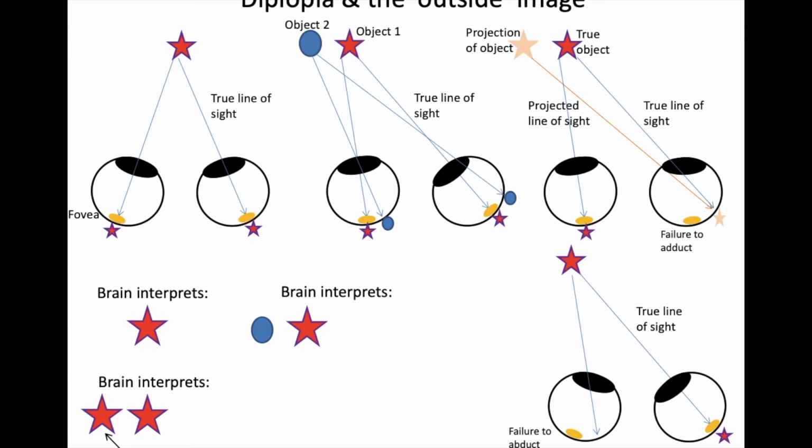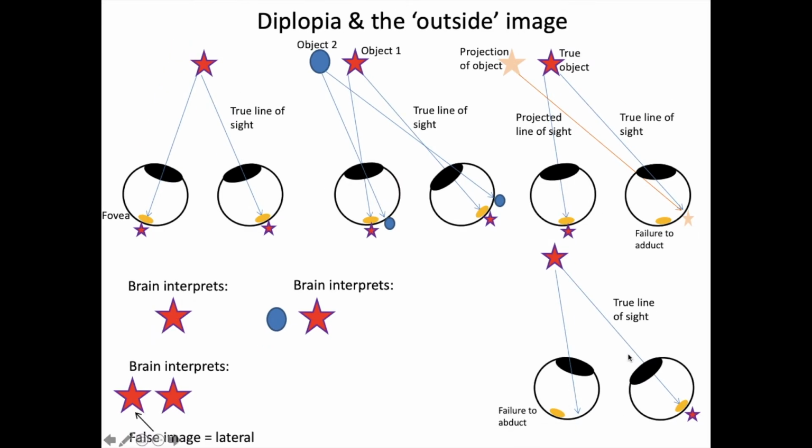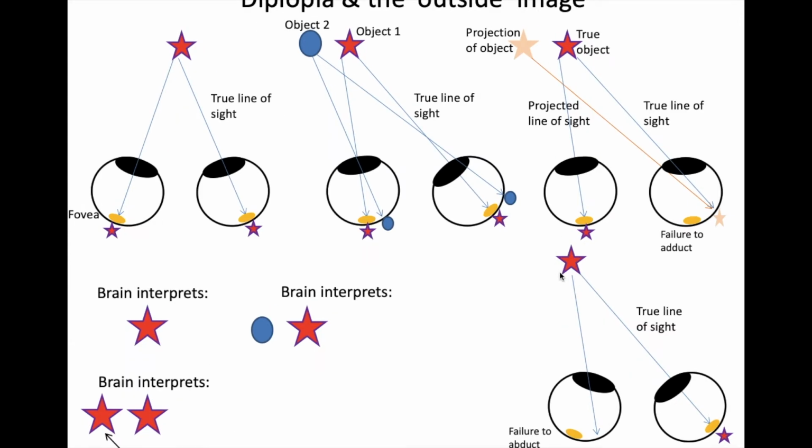Now let's look at the pathological situation where you have the opposite problem, failure of abduction in the other eye. The eye is able to adduct correctly. The light from the star is able to hit the fovea. This gives you the true image. Now this eye has failed to abduct.